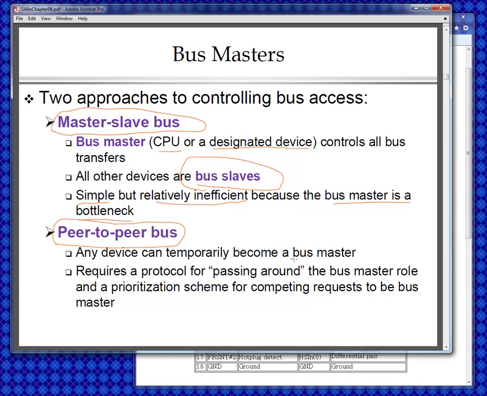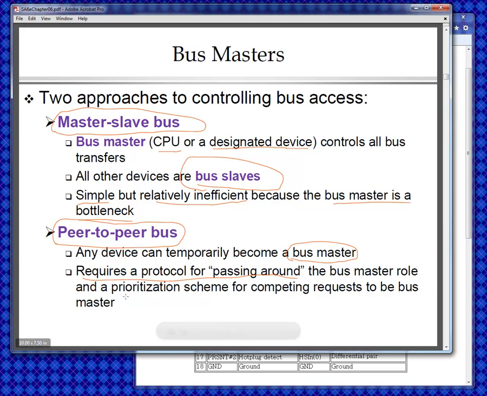Well, any student can talk, can quote unquote be bus master, but in order to ensure everybody's voice gets heard and an efficient flow of information, you're really going to need some sort of protocol for passing around the role of who gets to talk or who gets to control this. It may be a fairly simple protocol of raising hands or just nodding, or it may be unspoken, but it needs to be there.